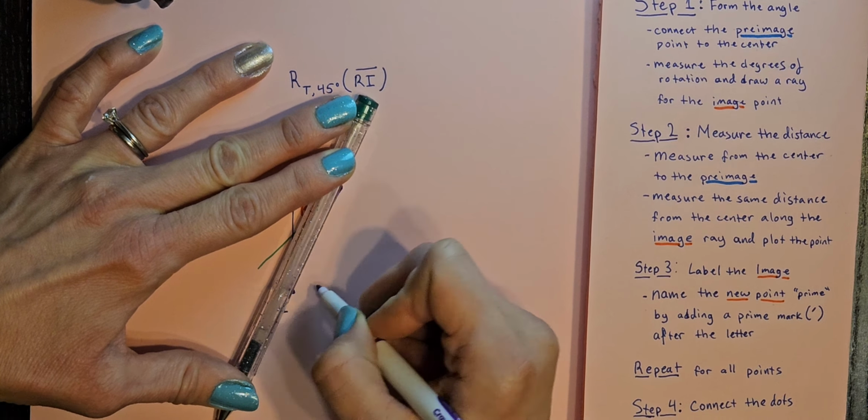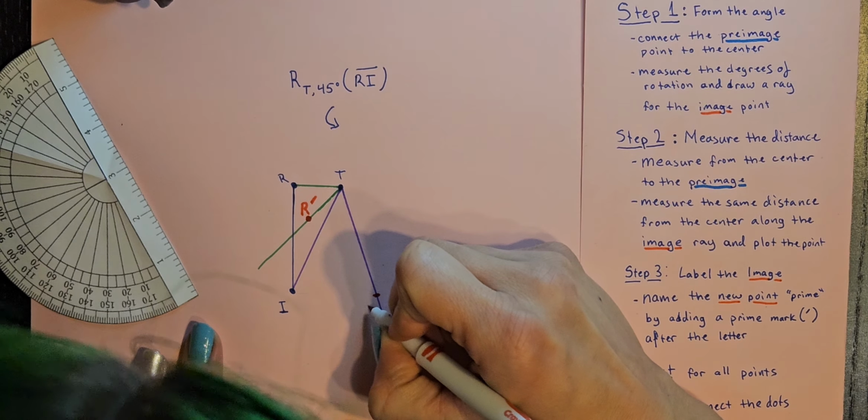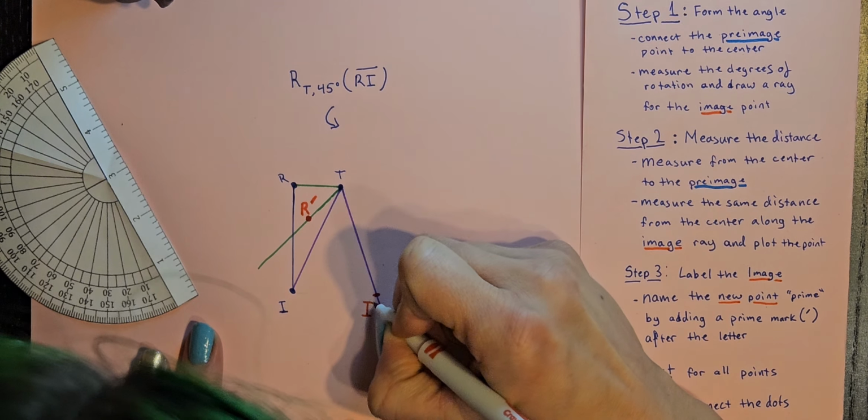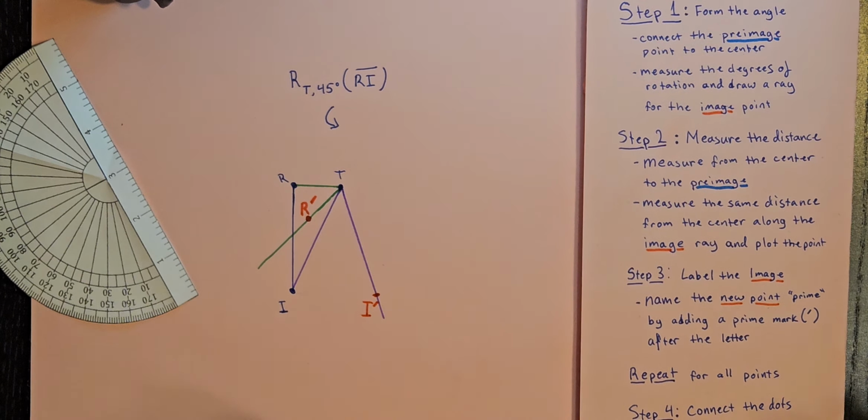And then copy that distance over and say it goes to here. So that's still 2 3/8. I got the same distance. I have the same measurement if I want to do it using measurements, but I don't even need to use measurements. So now I'm going to name that I prime.